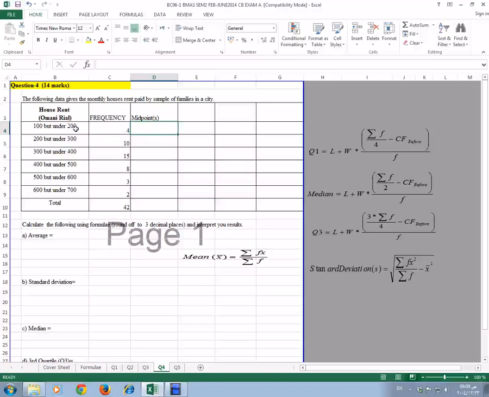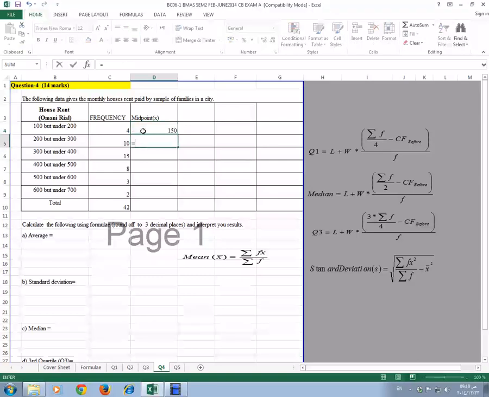Also, you can calculate that one. How do we calculate it? It is equal, then bracket, don't forget the bracket, 100 plus 200, close the bracket, divide by 2, enter.